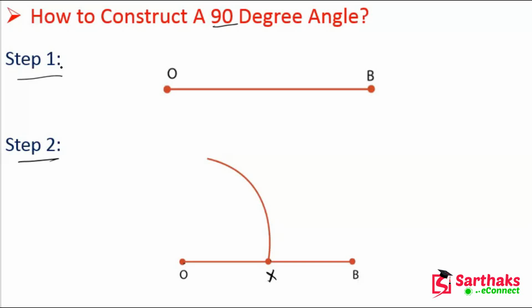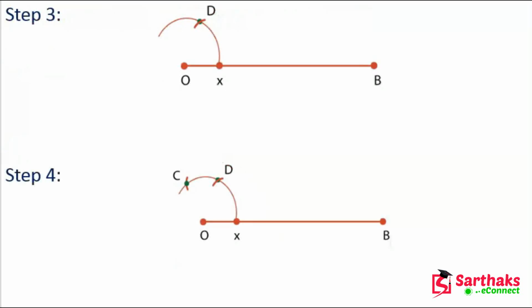So now let's move on. Step number 3 is taking X as the center, with the same radius, draw an arc that cuts the first arc at point D.